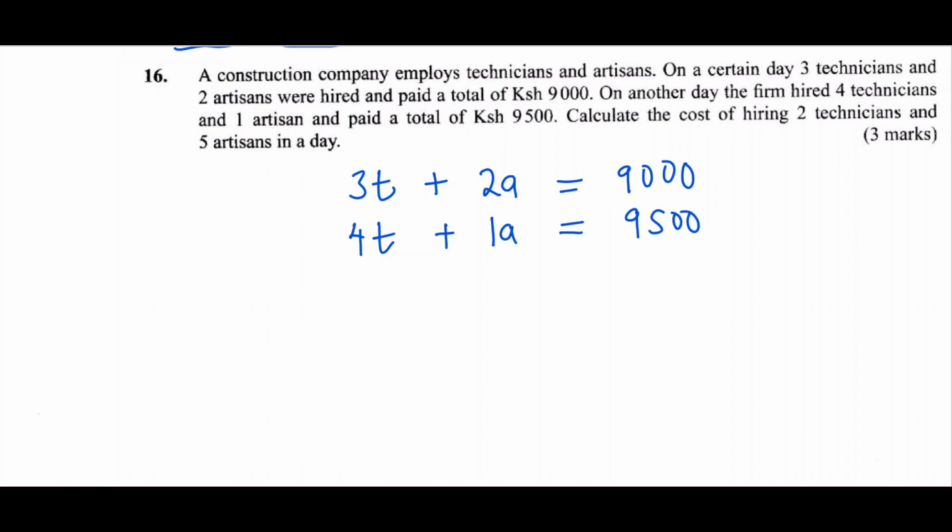We shall first place a matrix here where we include only the coefficients. Coefficient of T in the first equation was 3 and coefficient of A was 2. And in the second equation, the coefficient of T was 4 and the coefficient of A was 1. And then we have another matrix here that shows us the variables.